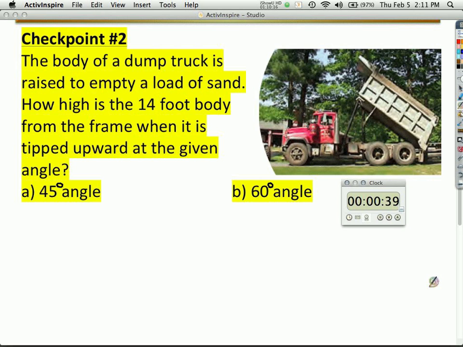I'm assuming. Just forget about the picture. I have a triangle. Oh, this is 14 right here. This is 14.